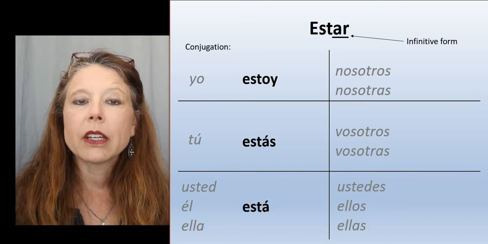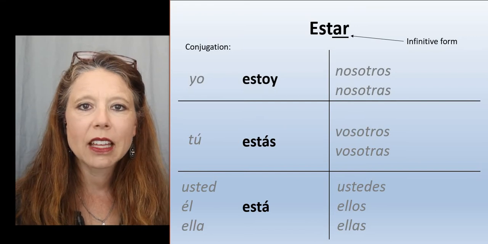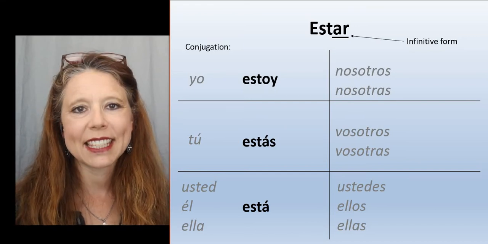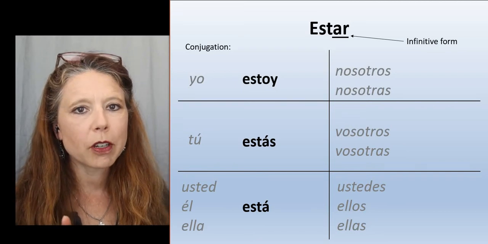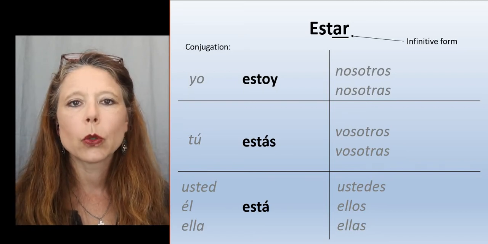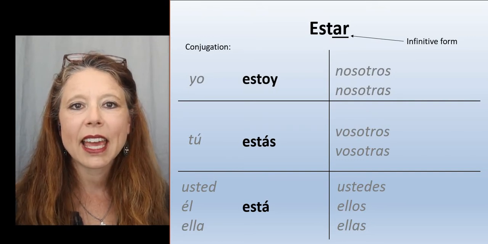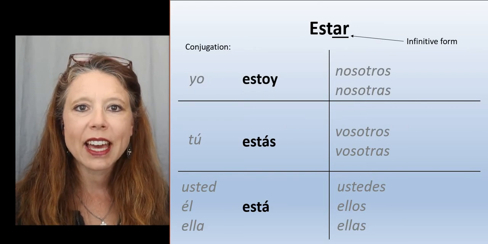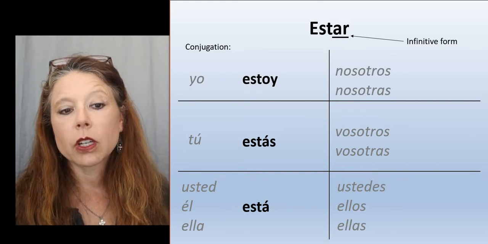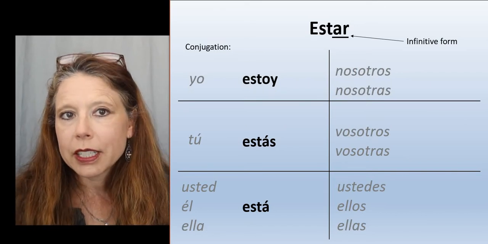The pronouns usted, él, or ella always take está. You are, in the formal, singular form, is usted está. He is, él está. She is, ella está. You could also say, the computer is.